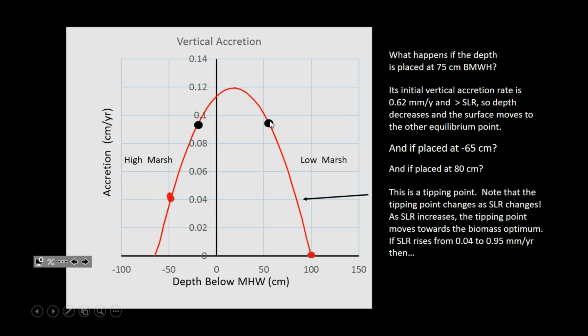This point is still unstable, and this one is still stable, but the marsh starts to lose its, I don't know, I think of it as freeboard. You know, it's like freeboard. So there's not a lot of room for movement up here.